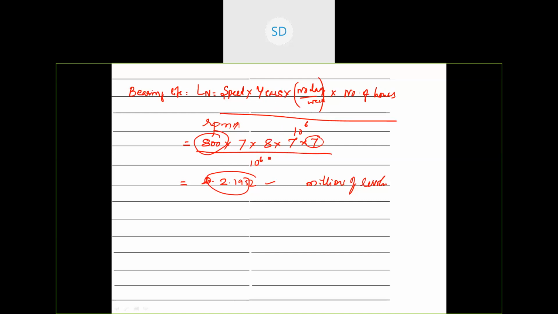The thing is whether you need to multiply this equation by 60 or whether you need to divide it by 60.